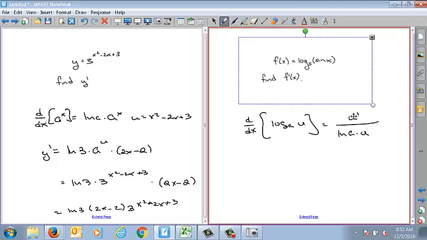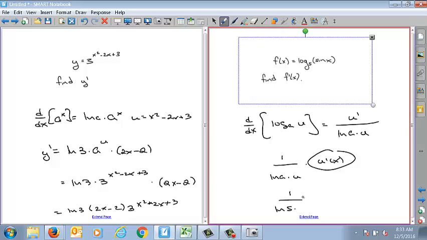So remember, this is the chain. All these derivatives in the book are the chain rule. So what we really have is 1 divided by the natural log of a over u times u prime of x. This u prime is the chain part of the chain rule. So for our particular problem, you take 1 divided by the natural log of whatever the base is, which is 5, times u, which is going to be the argument.